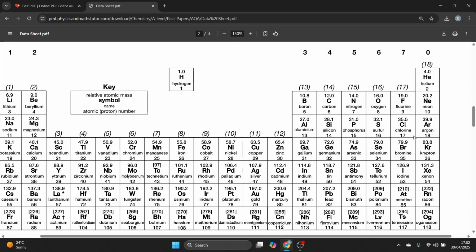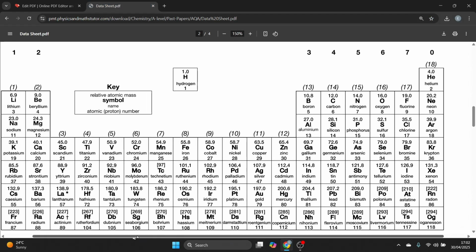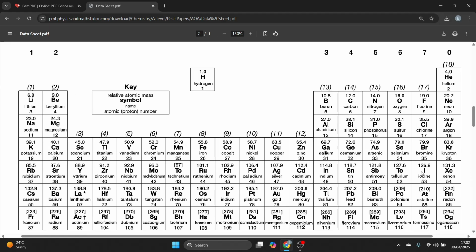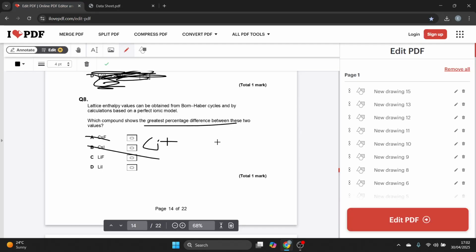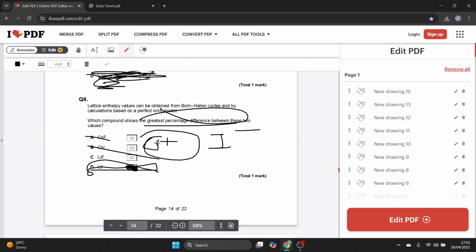Well, fluorine is also very similar to lithium. They're both very small, but iodine is comparatively bigger, the ion minus ion. So therefore, it's going to be D. That's going to show the greatest percentage difference between these two values. Once you do it like that, it makes so much more sense, because if it's going to show the greatest percentage difference, it's going to have a very small cation and a very big anion.